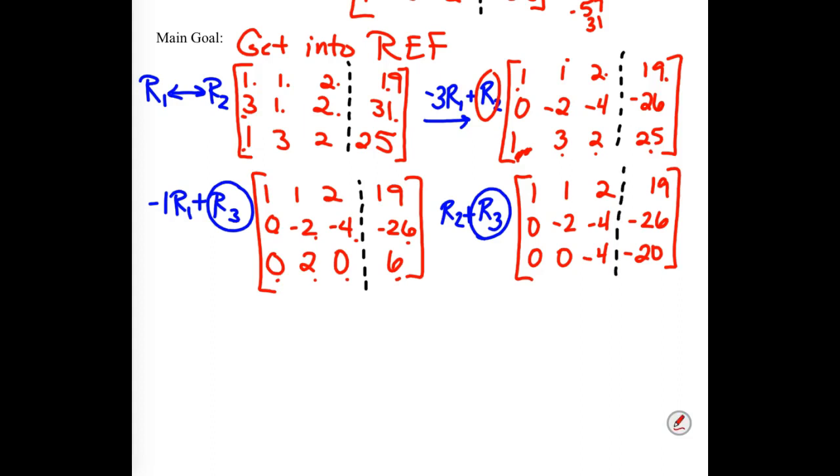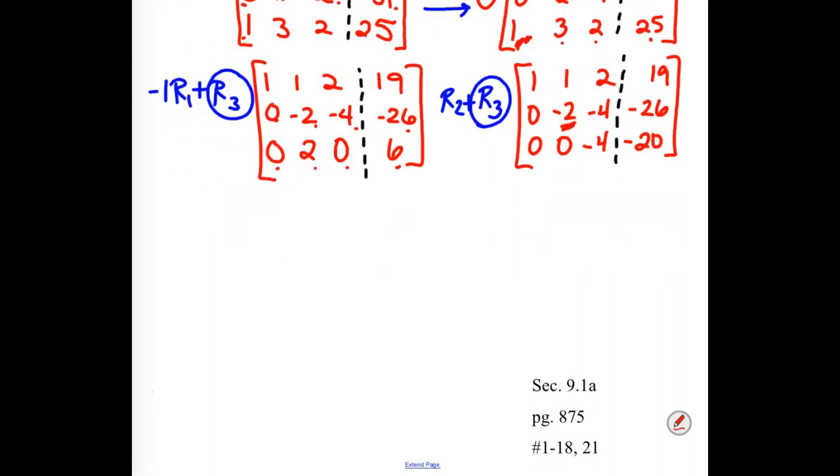All right. What do we have left to do? We need to change this negative 2 and make it into a 1. Yes? Could I multiply this row by negative 1/2? Would that create a 1 there? All my numbers in the row are nice and even, so multiplying by 1/2 would be clean, no fractions.